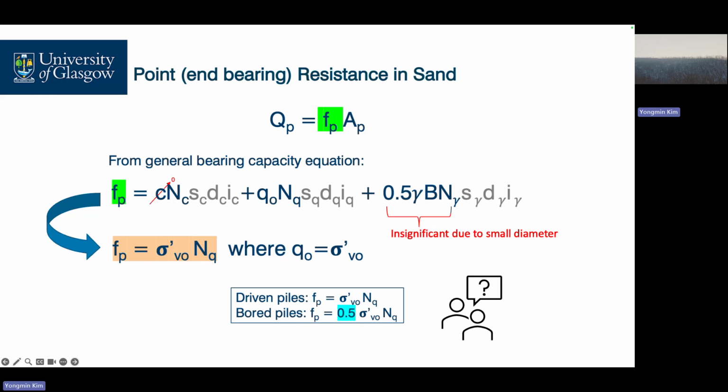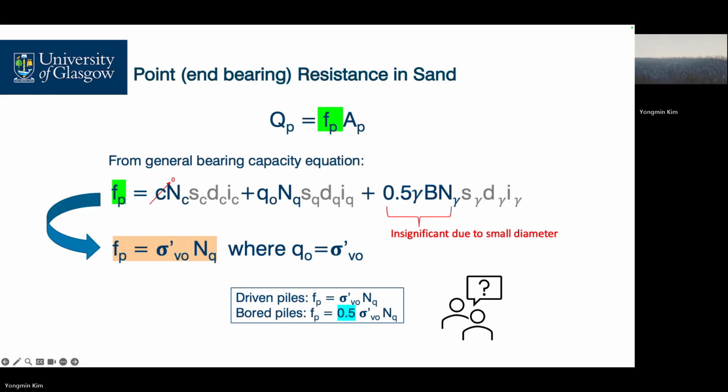Point bearing, okay. Here, now we are in point resistance, drained condition here, right? It is still sigma prime and Q, right?